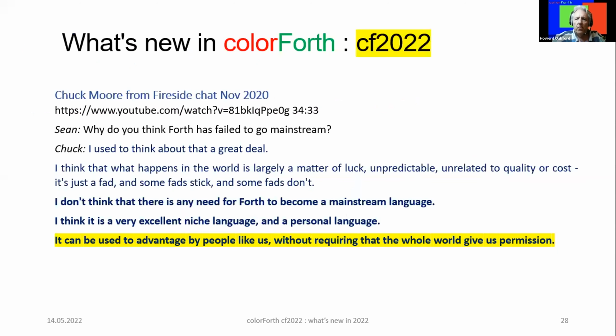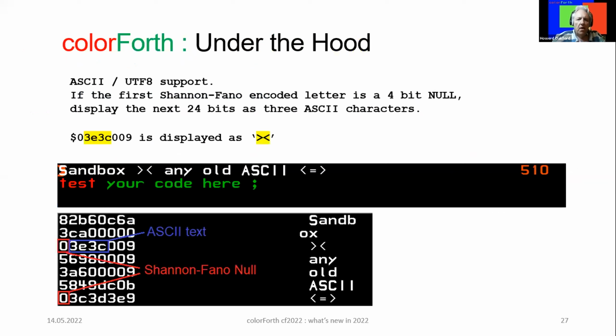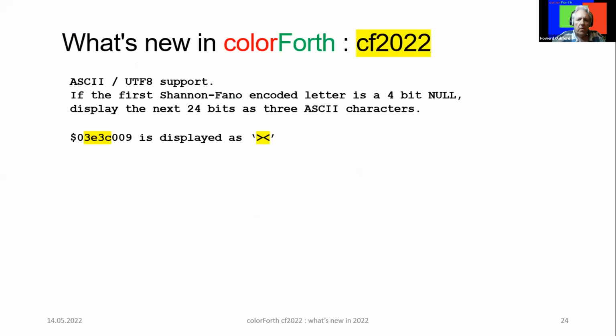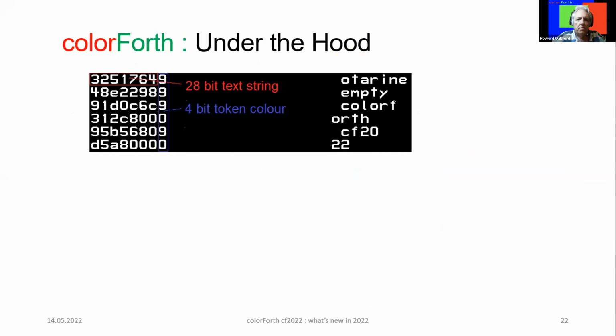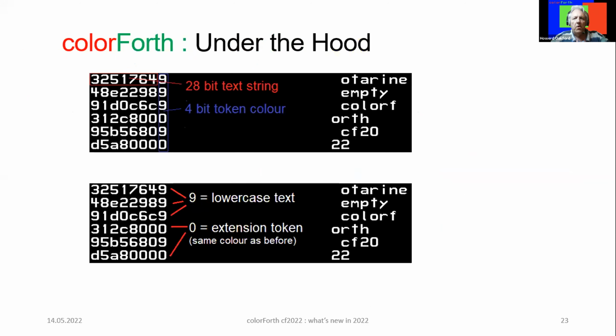Just going back quickly to the hex here, when it looks at the token color, it's simple: it takes the bottom 4 bits and says, what is it? Well, it's a 9. Okay, I know what to do with a 9. It's a case of 9, which means output it and set the color to white.